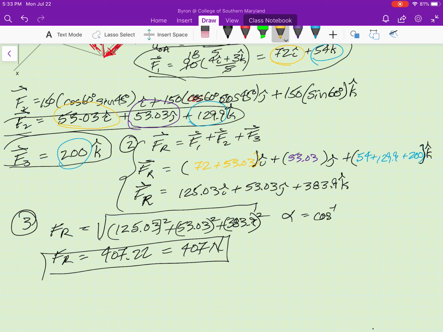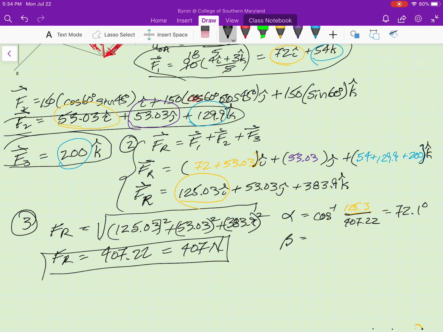And we can do that again in orange. So that'll be 125.03 over the magnitude of F sub r, which is 407.22. And I do that math and get 72.1 degrees.